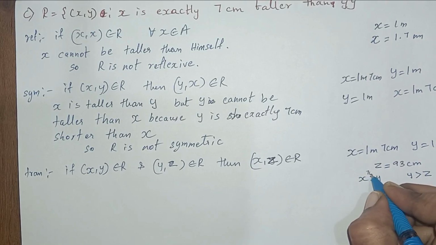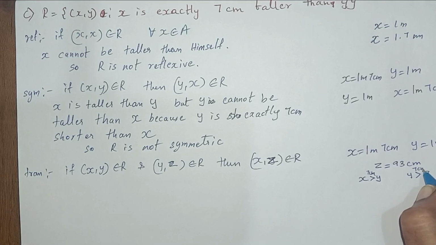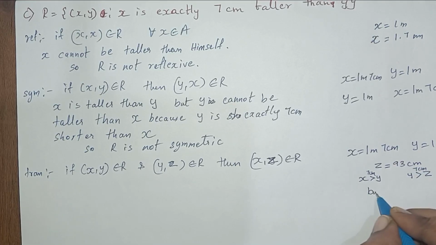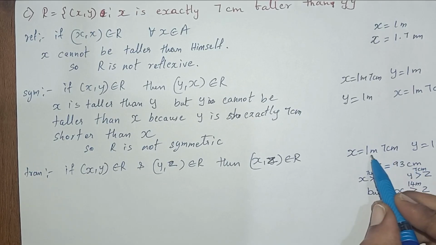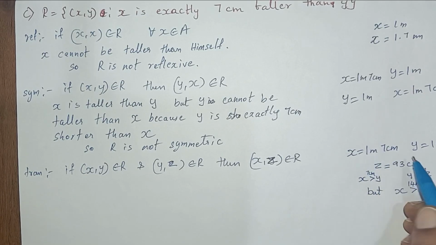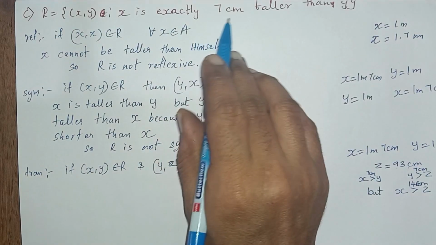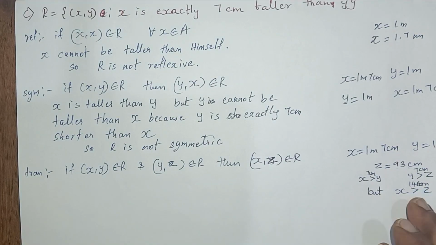But x is taller than z by 14 centimeters, since 1 meter 7 centimeters minus 93 gives 14 centimeters. So it is not exactly 7 centimeters.